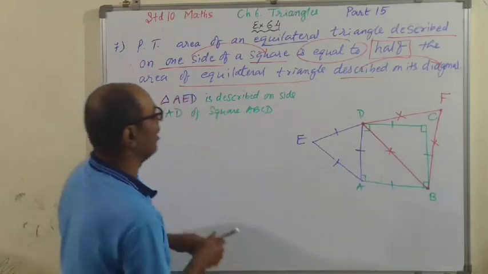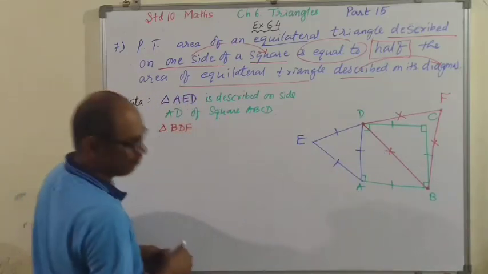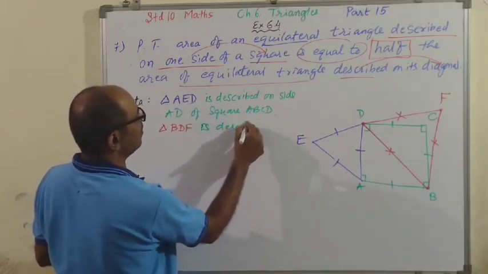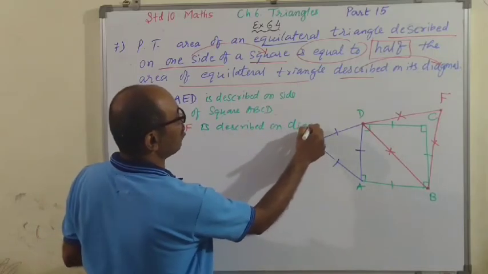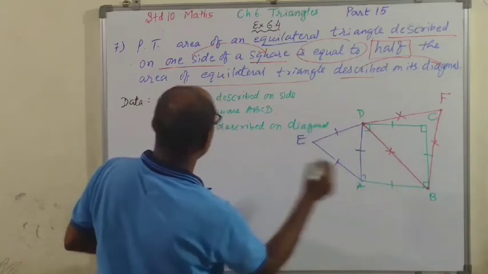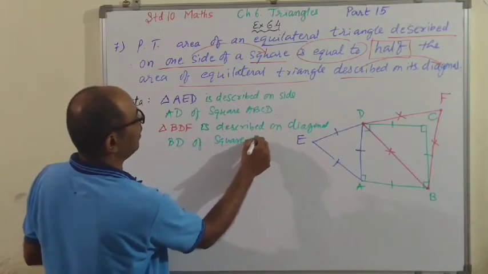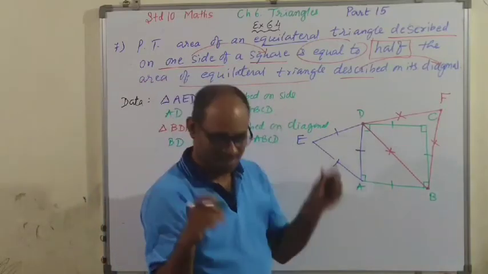Then the red triangle BDF is described on diagonal BD of square ABCD. That's it. Data में इतना दिया और कुछ नहीं.